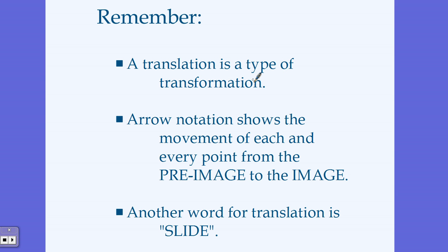It's not the only type of transformation. You'll find that out in the coming days. Arrow notation simply shows the movement of each and every point from the pre-image to the image, and the movement of each point is the same regardless of which point you're talking about. So there's only one arrow notation for each transformation. And finally, another word for translation is slide.